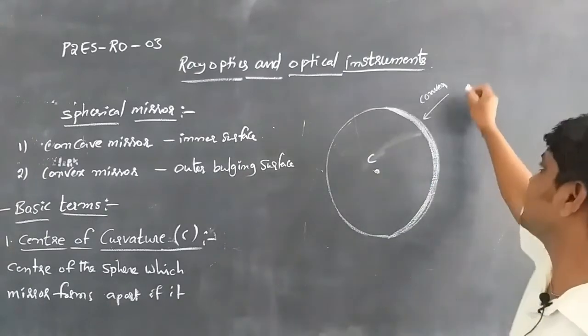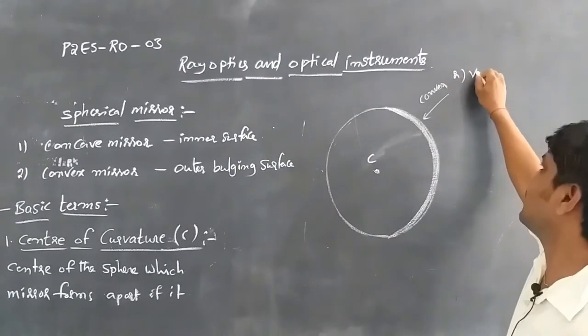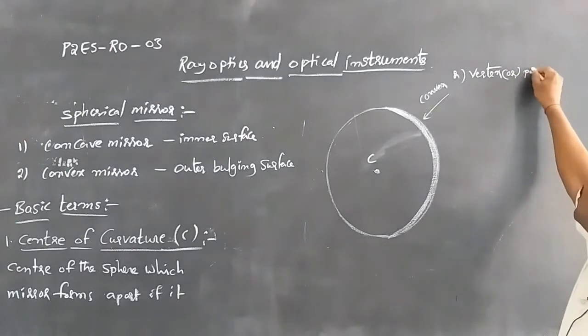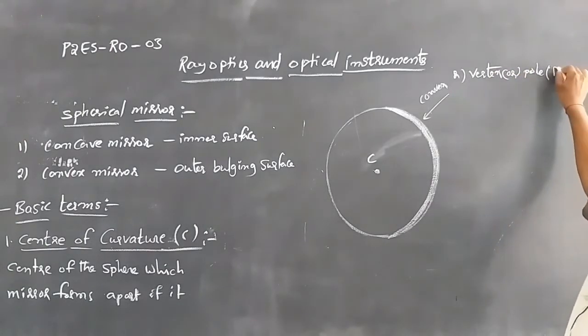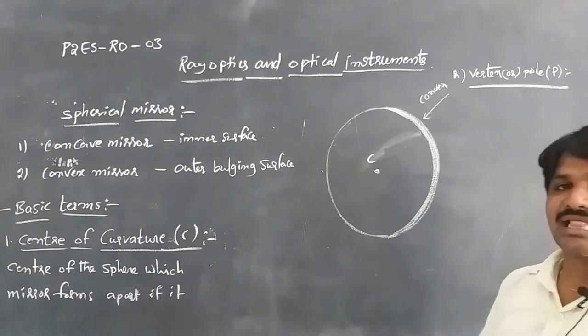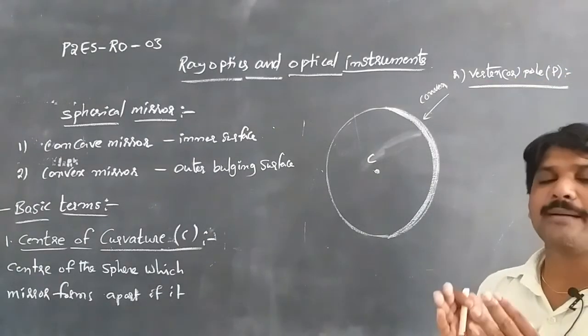The second one is vertex or pole. It is denoted with P. It is the midpoint of the mirror.